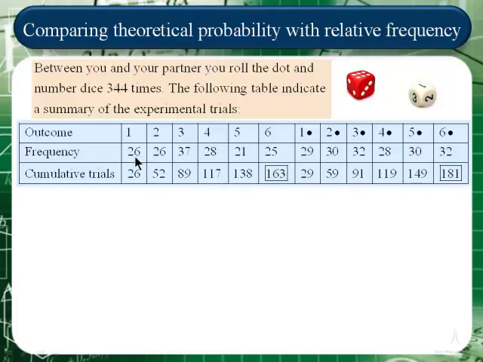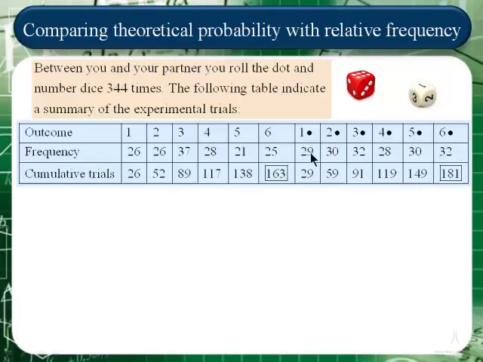And note, if we accumulate these frequencies for the number die, then you'll find that you, for instance, have conducted the experiment 163 times using the number die, while your friend conducted the experiment with the dot die, either getting a 1 dot, 2 dot, 3 dot, up to a 6 dot outcome, 181 times.